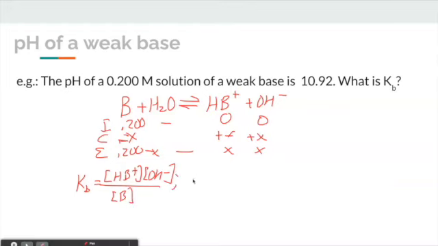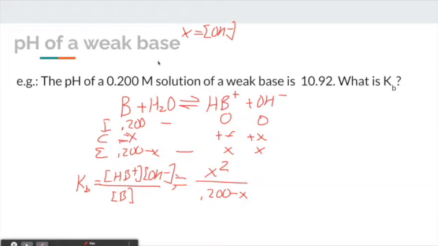So this will be equal to, actually in our chart, x times x in the numerator divided by 0.200 minus x. So we can find Kb if we know what x is, which should not be impossible to find, because x is equal to the concentration of hydroxide ion at equilibrium.